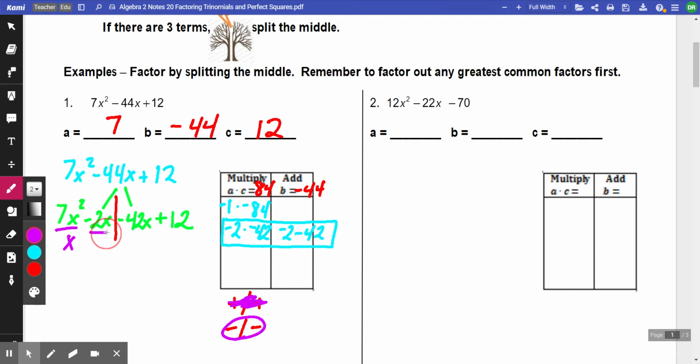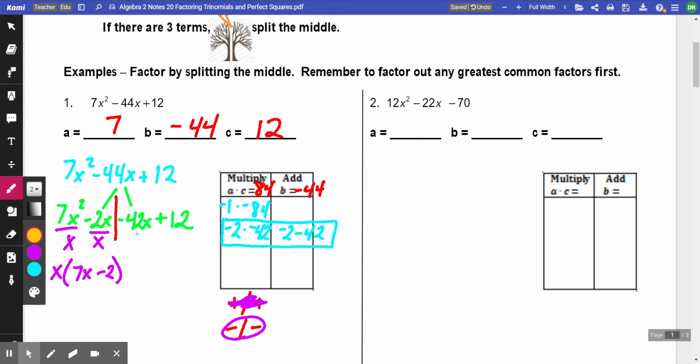So we could divide both by a common factor of x, and that seems to be it because 7 and 2 have no common factor other than 1. So we'll divide this first half by x, and so we can rewrite it as x times 7x minus 2. And you'll notice that if you multiply this x throughout the parentheses, it'll give you 7x squared minus 2x, which is what we had up here in green.